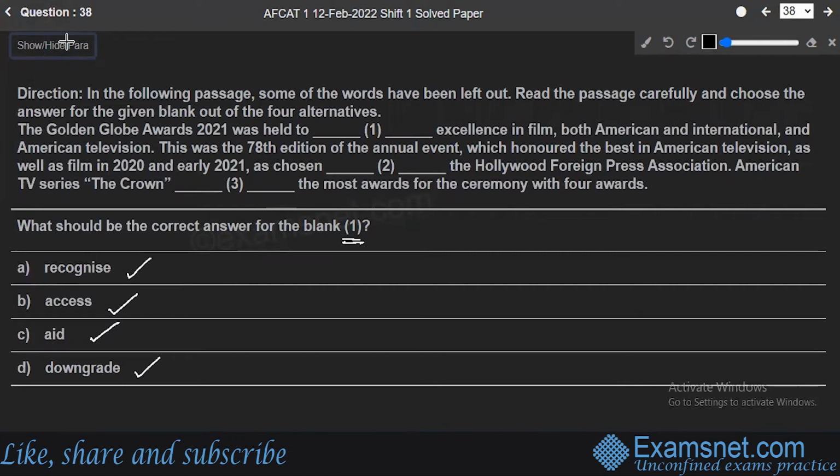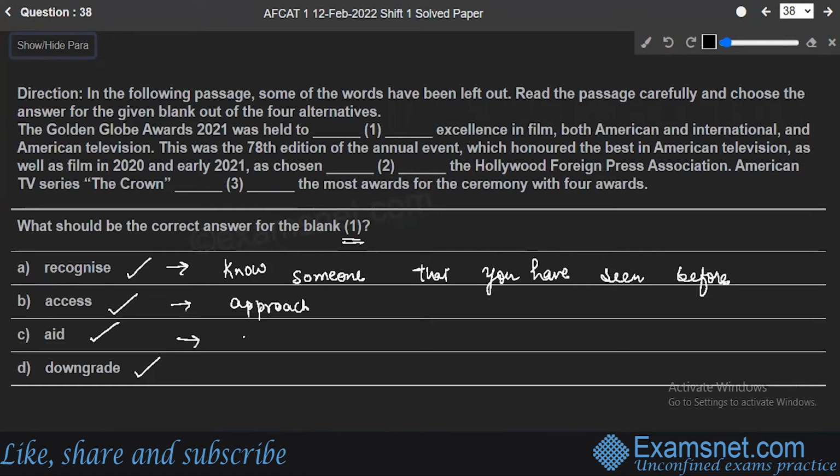See, recognize means to know someone or something because you have heard him or her or experienced it before. Assess means an approach towards something.